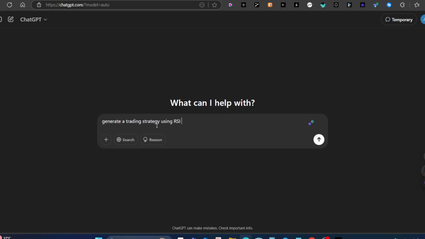Okay, let's use RSI and moving averages in Pine script for TradingView. Now, this is just going to be the prompt I'm going to use, right? But if you want to generate a strategy for yourself, of course, you can give it the requirements, you can give it the indicators you want it to use, and all of that.